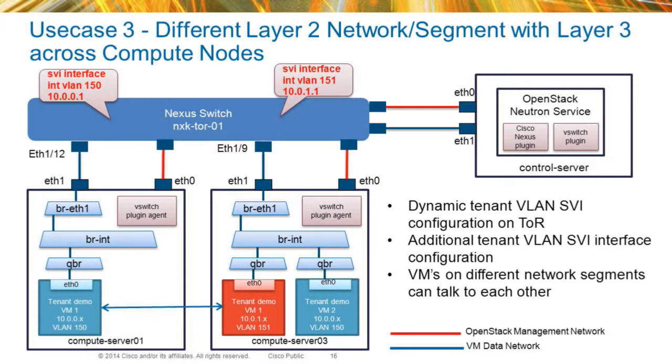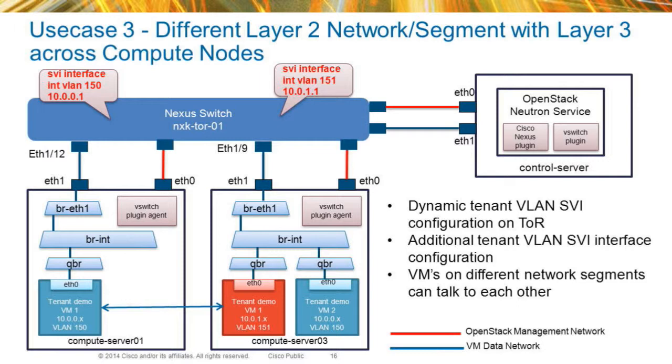And the third use case is when you want these different VMs on different networks to be able to communicate with each other. In that case, you will be configuring layer 3 default gateways for those tenant subnets onto the top-of-rack switch.